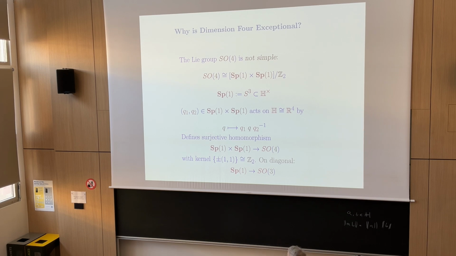So there's a nice map from SP1 to SO3, built in the same way, just by taking Q1 equals Q2. And again, the kernel there is plus or minus 1. So one way of describing SP1 is that it's the double cover of SO3. SP1 times SP1 is often described as spin 4, the universal cover of SO4. SP1 is spin 3, the universal cover of SO3.